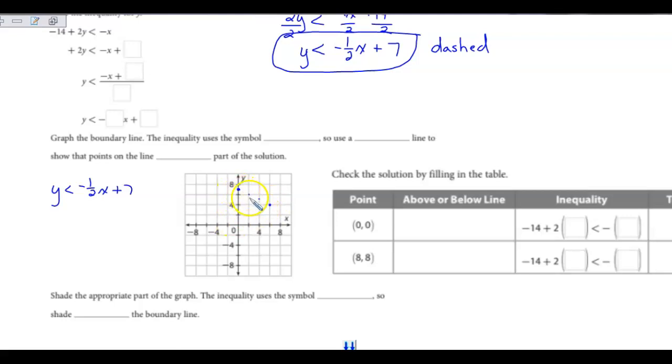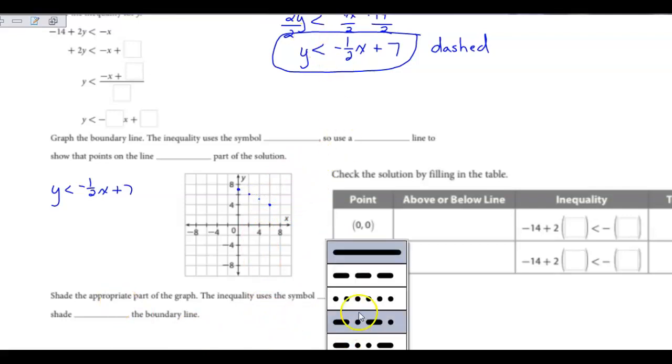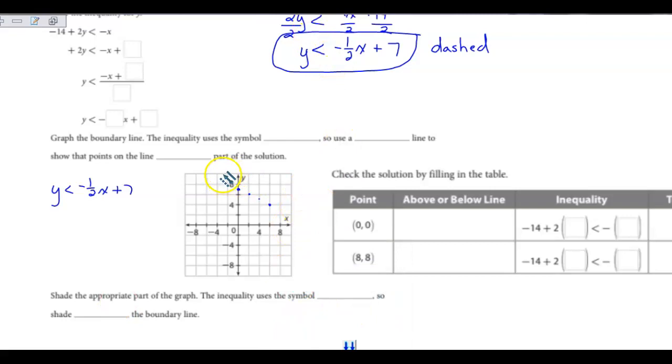I did several of them because it is partway through and I wanted to make sure it had at least 2 that were on the corners. Now we said that this was a dashed line, so when I pick my line this time, I'm going to pick my dashed line, and then I am just going to go through those 2 or 3 points.